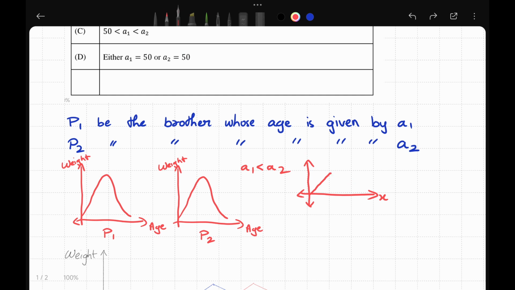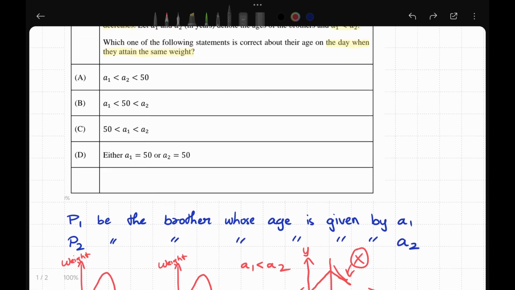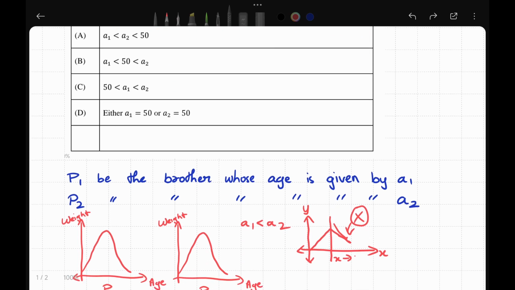Like this is not a monotonically increasing function, because beyond this particular point, as x increases, y is decreasing, right? It's going like this. So it's not a monotonically increasing function. And again, similarly for monotonically decreasing, the function can either decrease or stay constant, but it cannot increase basically. So that's what monotonically increasing and decreasing means.